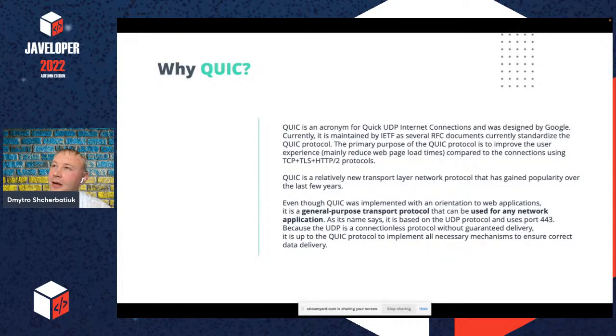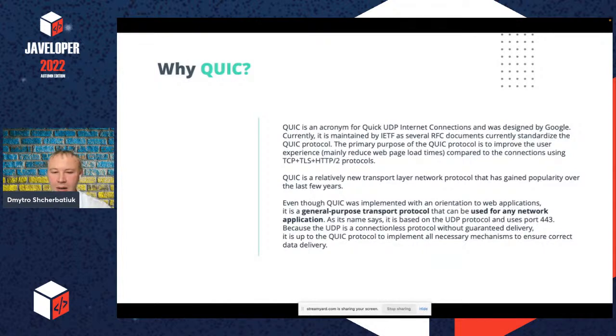As most products in Google are HTTP-based, the general purpose of this protocol is HTTP, but UDP is a general purpose transport protocol. So it means that TCP can be replaced by the QUIC protocol, and we can implement our custom protocol like HTTP 3 and so on.